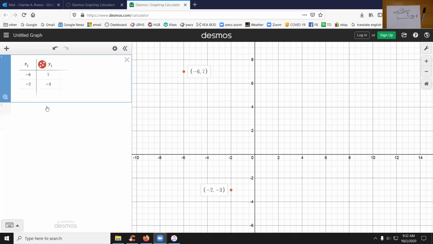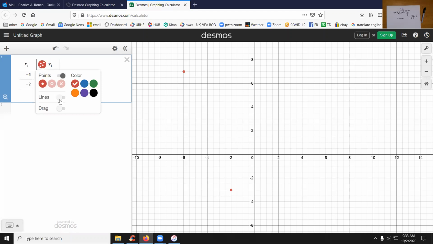All right, so here's what we're gonna do. If you click on this little bunch of dots next to Y1 and hold it down, don't just click it, click and hold.